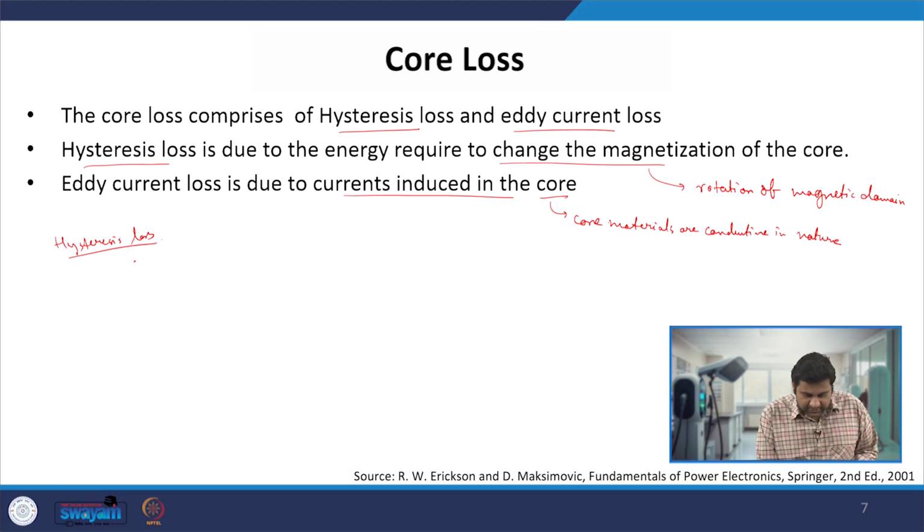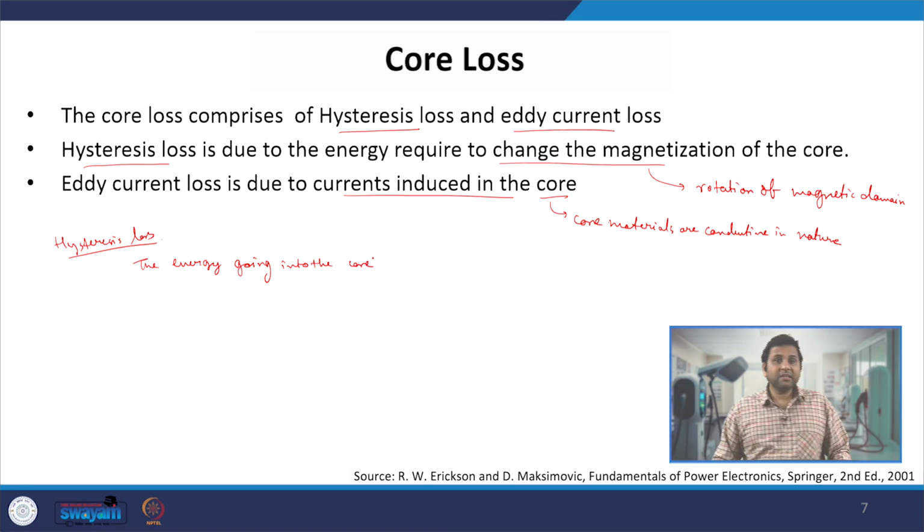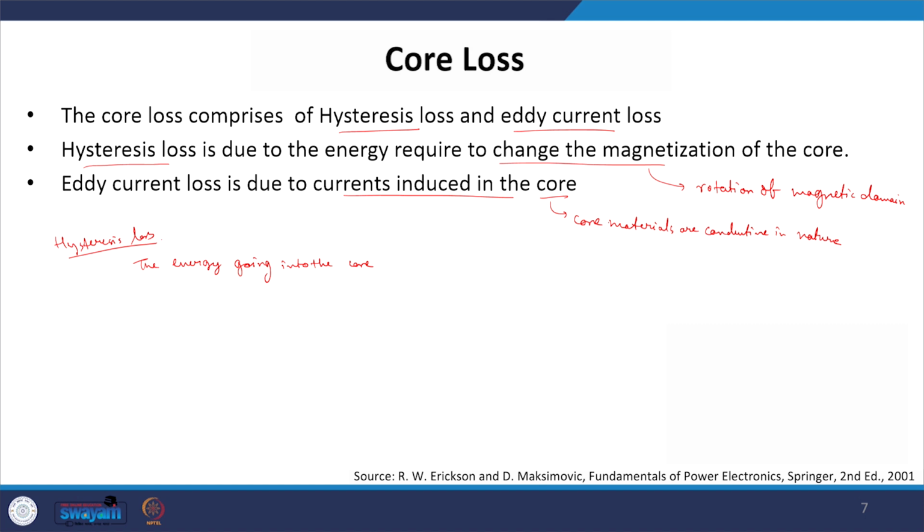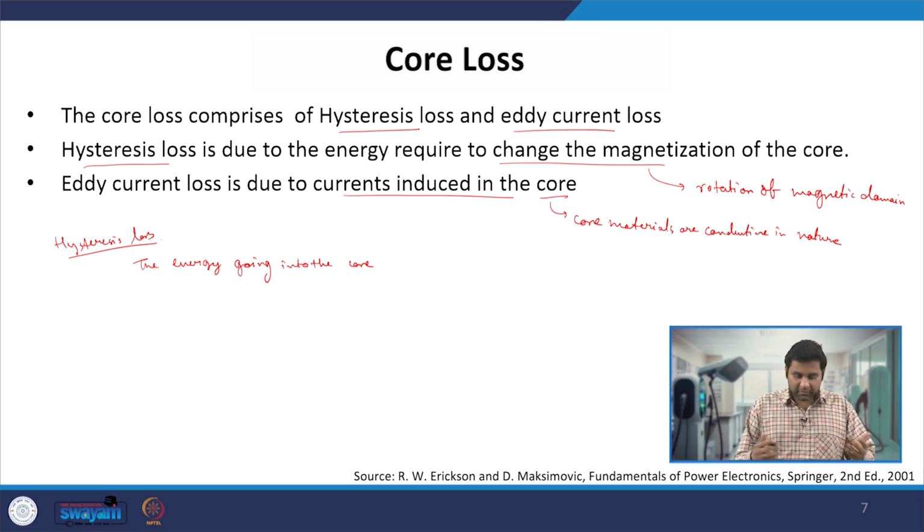So we can say that the energy which is going into the core, whenever there is a periodic excitation of voltages from one of the windings, because we are exciting from one of the windings.